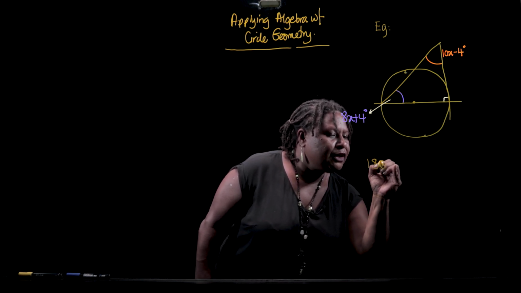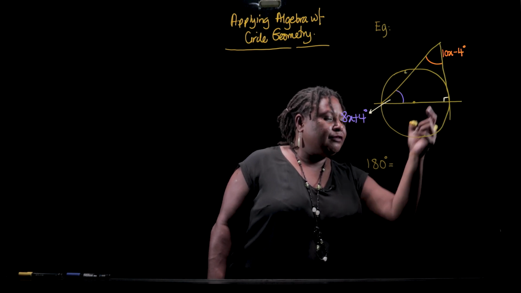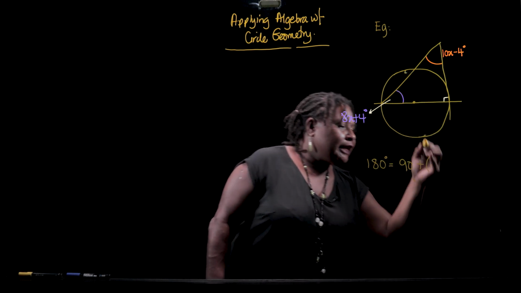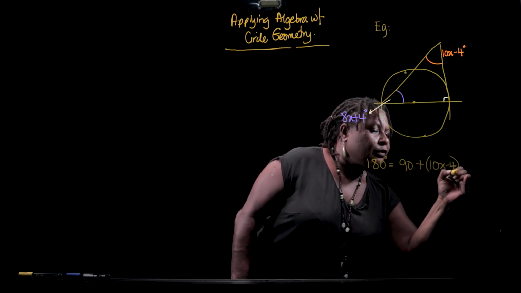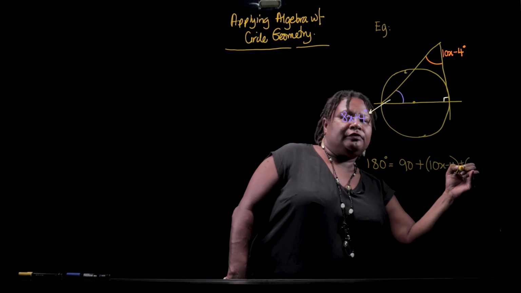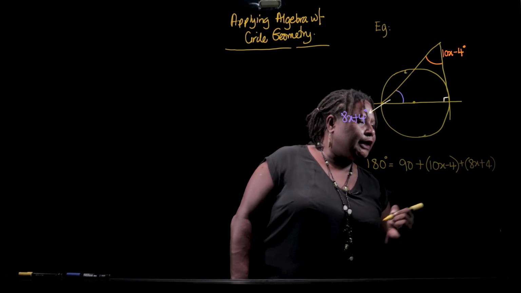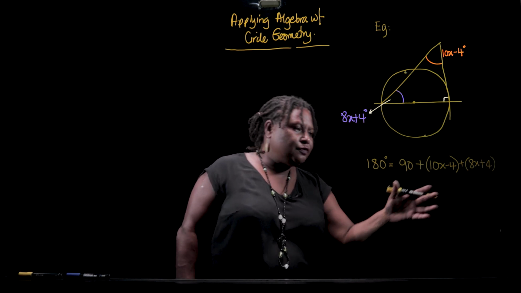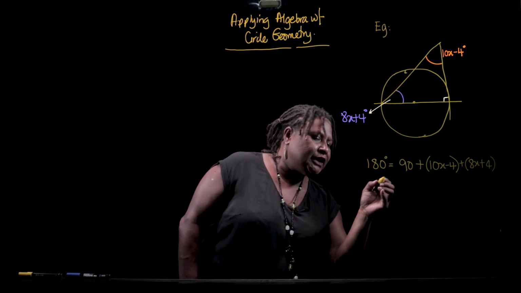So 180 degrees is equal to 90 degrees plus 10x minus 4 plus 8x plus 4. Once we have formed an equation, we are going to solve it using the skills we've already learned in previous lessons.